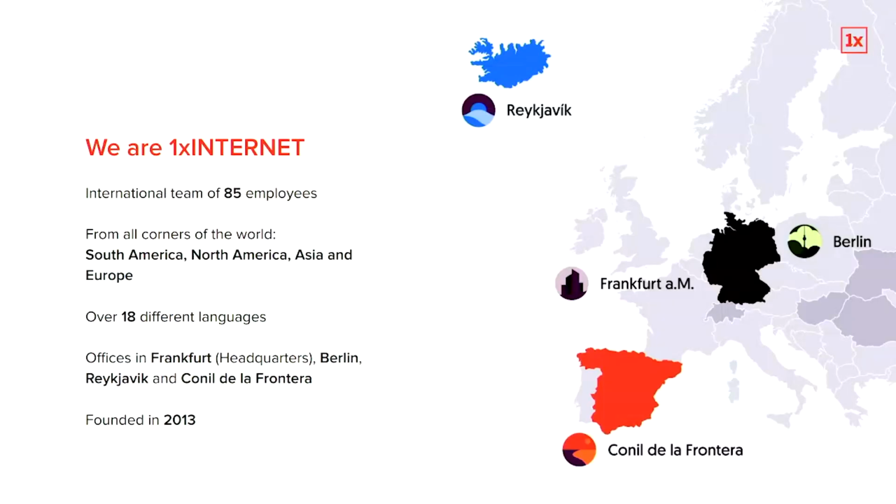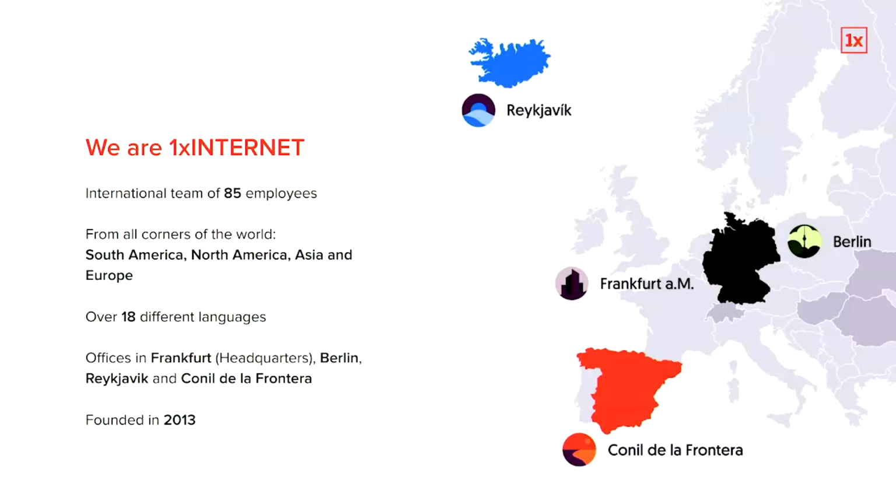We are a team of 85 people. Our headquarters is in Frankfurt. That's also where I am from. I'm married to Patti. She's Icelandic, so that's why we have an office up in Iceland. It started at some point, and now we have a team there as well. And we also have a pretty large team in Spain, which also happened accidentally at some point, and it's not a bad place to be at all.